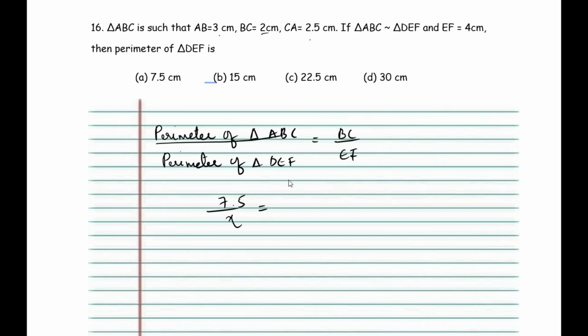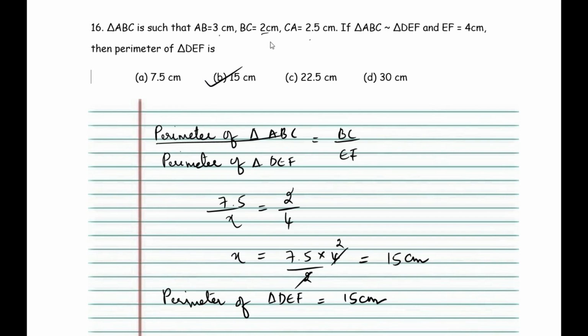I'll take it as X, which is equal to BC is 2 divided by EF is 4. Now X is the perimeter of triangle DEF. Now X equals cross multiply 7.5 into 4 divided by 2, 2 twos are 4, 7.5 into 2 is 15 centimeter. Therefore perimeter of triangle DEF is 15 centimeter. Therefore the correct answer is option B, 15 centimeter.